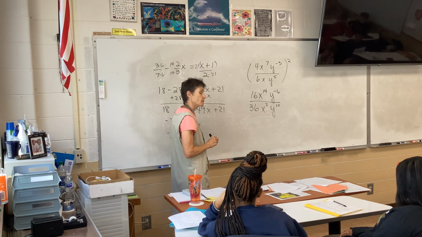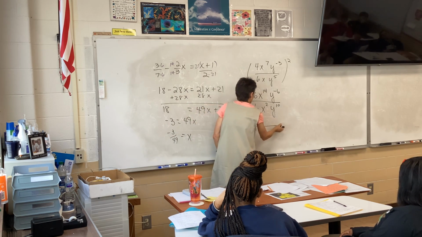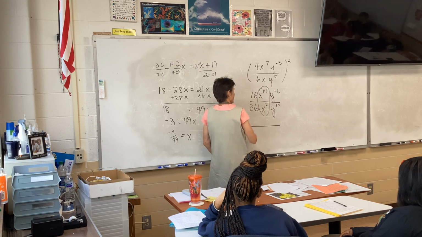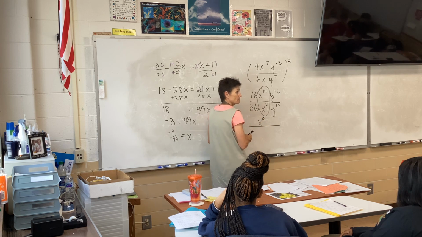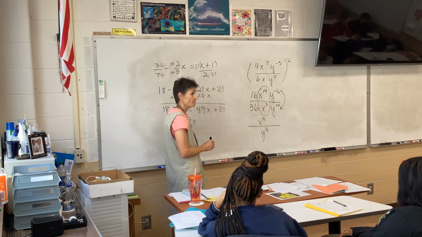Then I simplified the variables. Like x, so x to the 14th over x to the 2nd is going to give me x to the 12th. And these guys are coming down, so that's going to give me y to the 16th on the bottom.